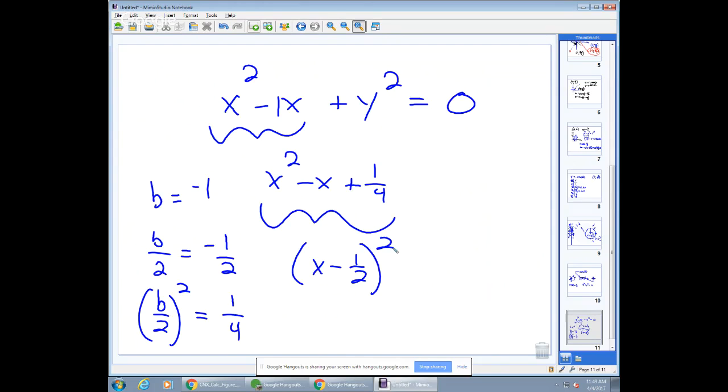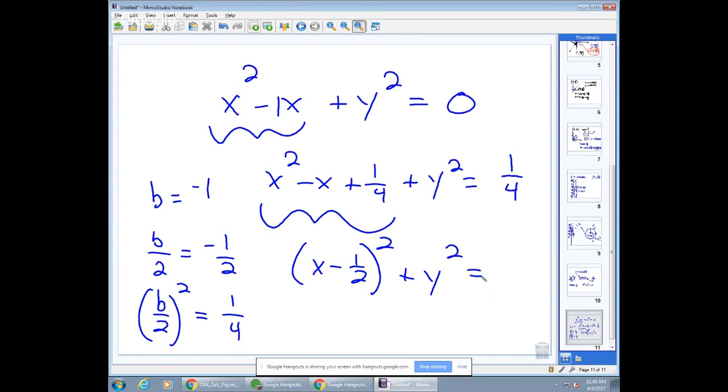Well, I can't just throw a 1/4 into the equation, right? I have to balance by adding a 1/4 to the other side. So now I have x minus 1/2 squared plus y squared equals 1/4. Wait, isn't 1/4 a perfect square?